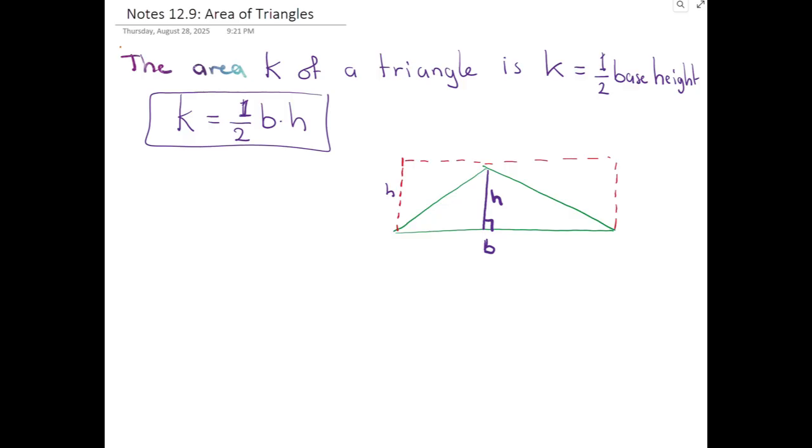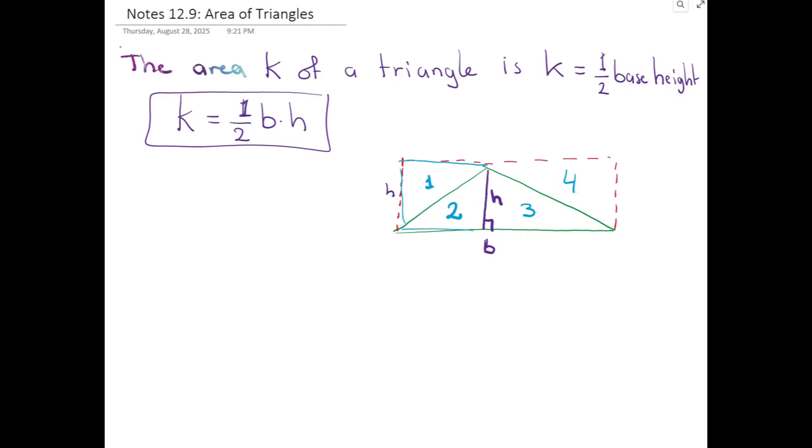Well, this area is equal to this area, right? Notice how that's a rectangle, and I just have a diagonal that cuts it in two, so those two areas are congruent. And then area 3 is congruent to area 4.